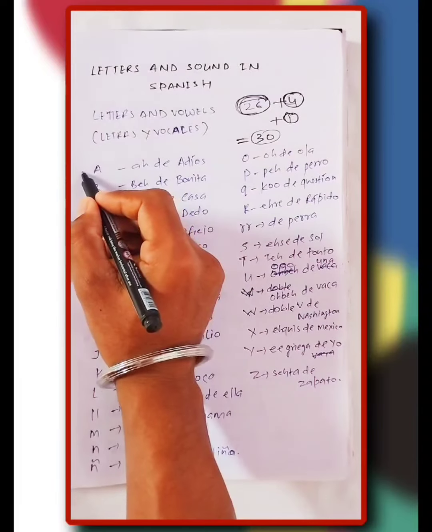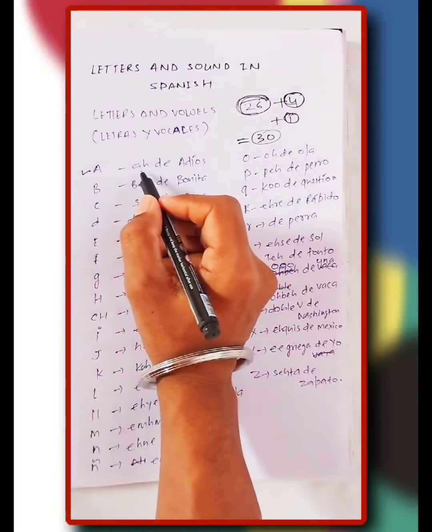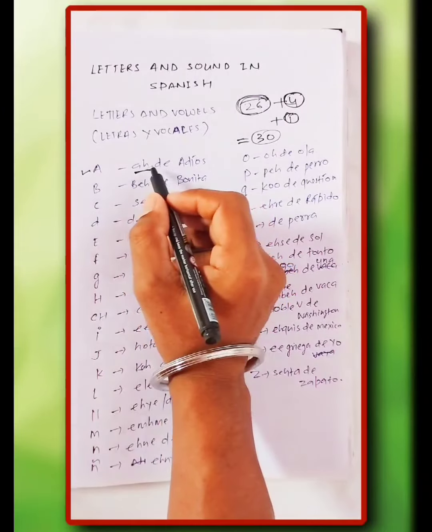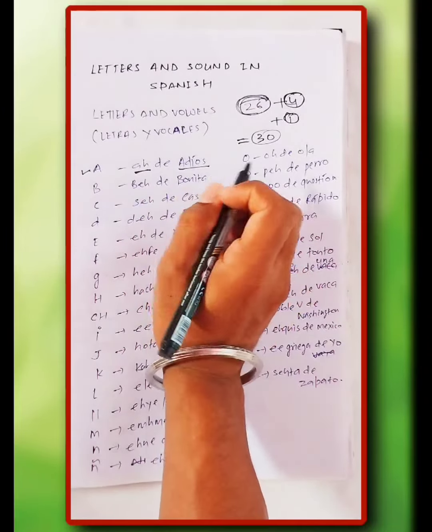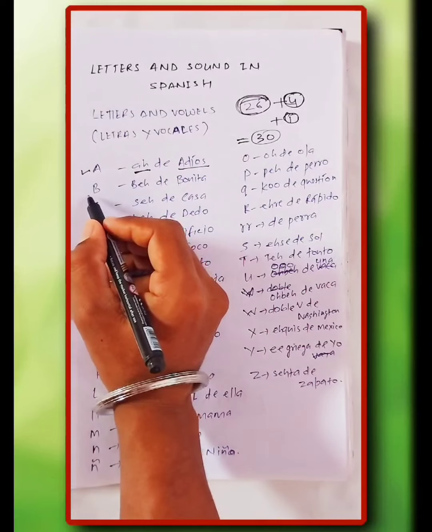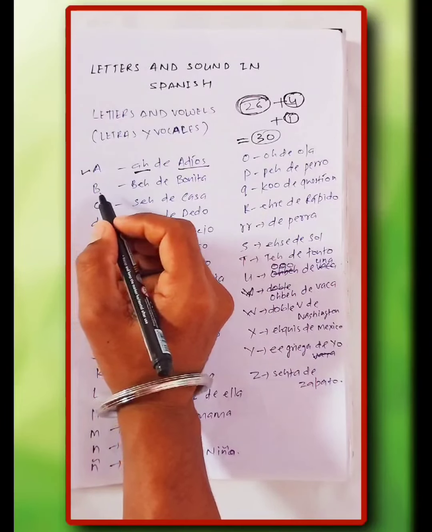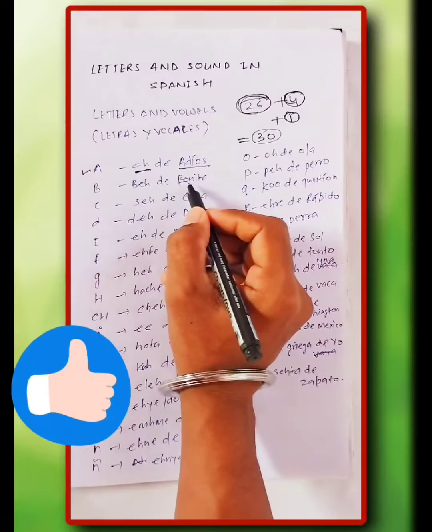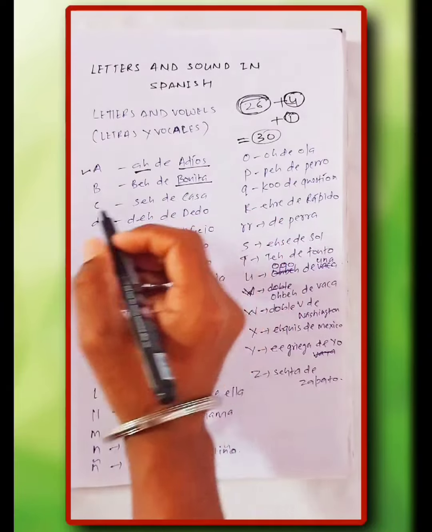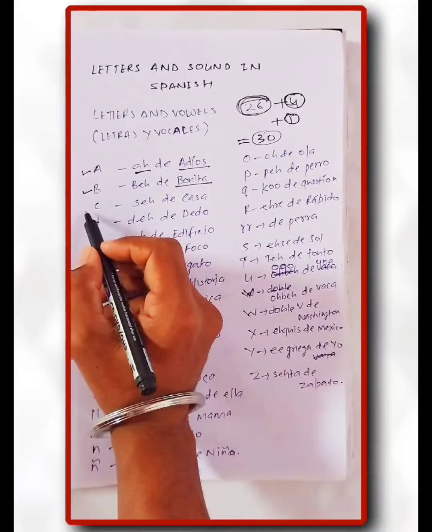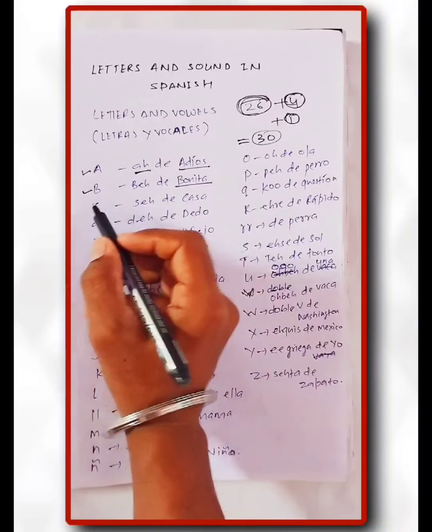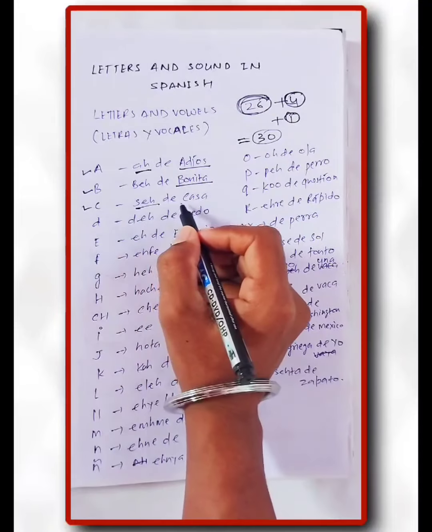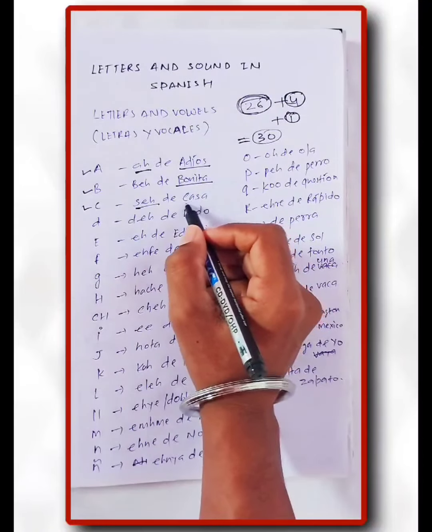A in English will be pronounced as "a". Understood? A de adiós. B will be pronounced as "be", be de bonita. C in Spanish will be pronounced as "se", C de casa.